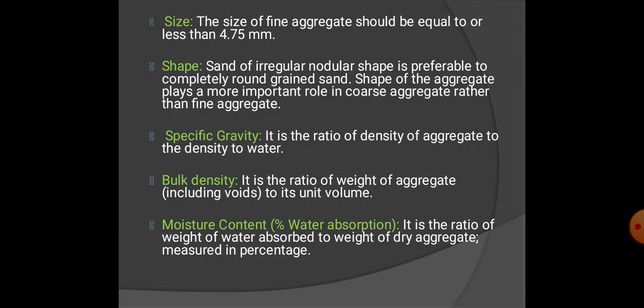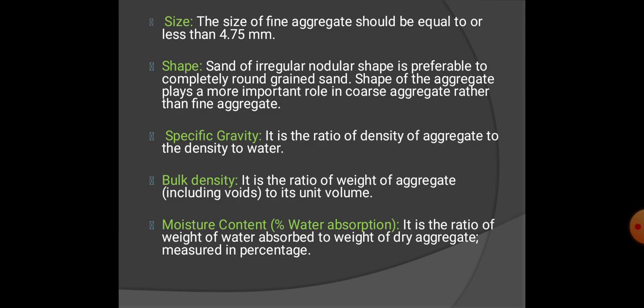Okay, the next is bulk density. Bulk density is the ratio of weight of aggregate to its unit volume including voids.